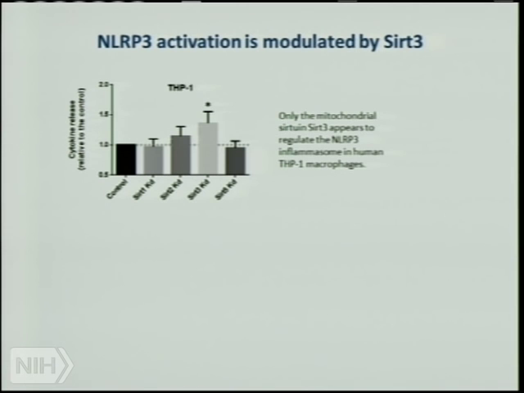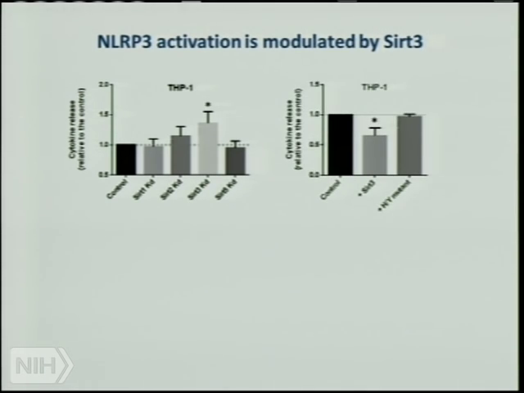He then used human THP1 macrophages, where he knocked out SIRT1, 2, 3, and 5 sequentially, the mitochondrial ones as well as the nuclear encoded sirtuin that can promote mitochondrial biogenesis, and demonstrated that in fact it was the depletion of SIRT3 that could activate IL-1 beta, and again the release of TNF-alpha was similar in all these cells.